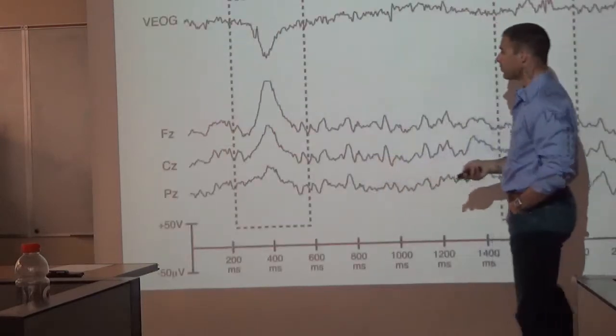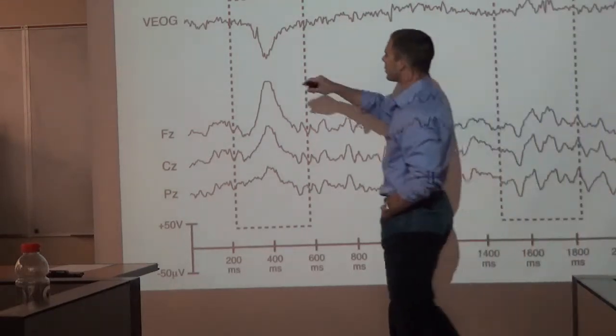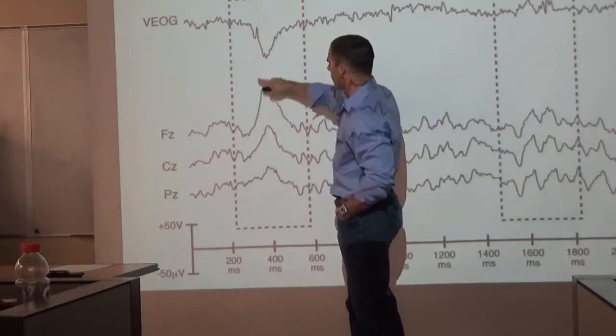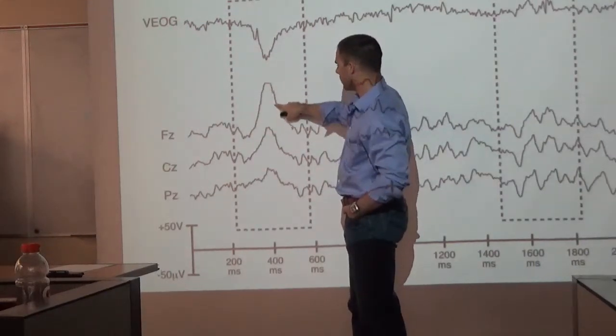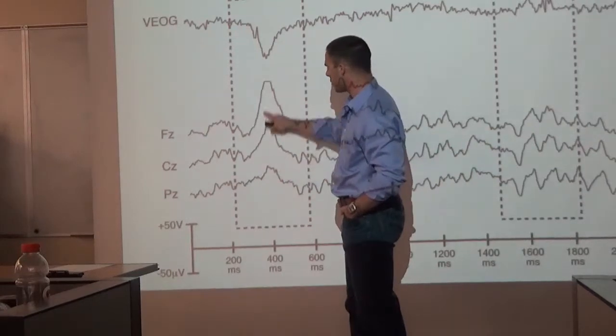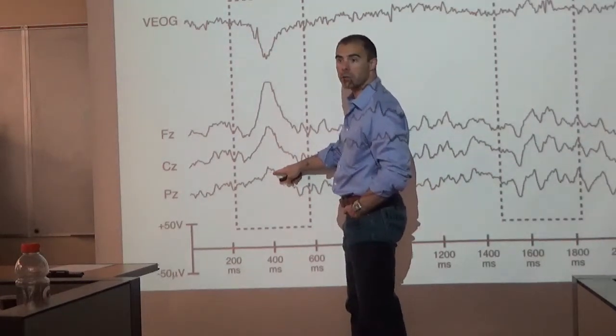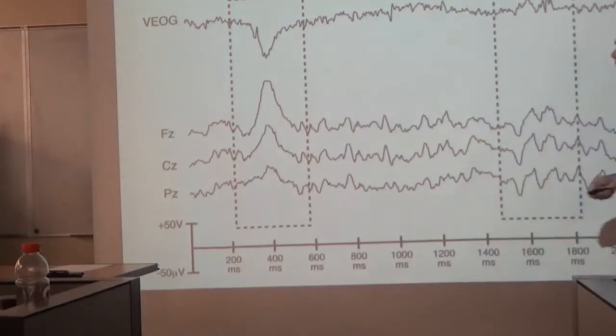Okay, these are some examples of what we looked at before when we walked through some traces. You're going to have this blink here, and it might look like a big jump in activity at these frontal sites. It gets a little smaller, and even smaller as you go frontal, central, and then of course parietal.